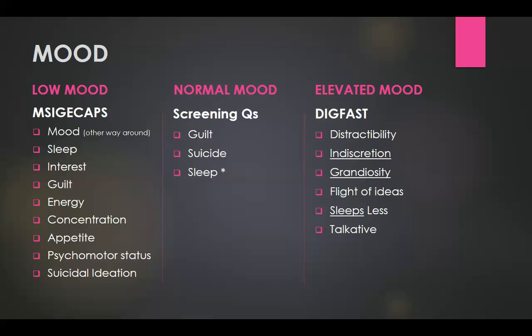So what have you been doing? Have you been partying? Have you been having sex? Have you been drinking or doing drugs? Have you been spending money on gambling or doing any investments?